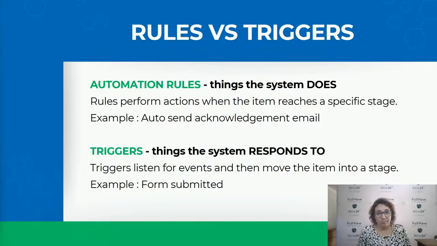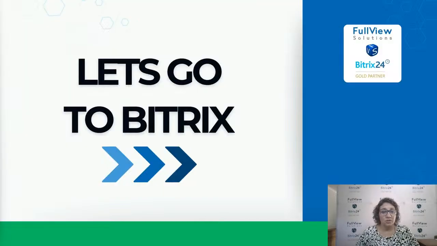When we look at it in Bitrix, it will be a good example for you to see, because mostly we just use automation rules, but triggers are also a very powerful automation part that we can actually do. So that's just some background on automations. Let's jump into Bitrix and see how we do that and where we find the automation settings.